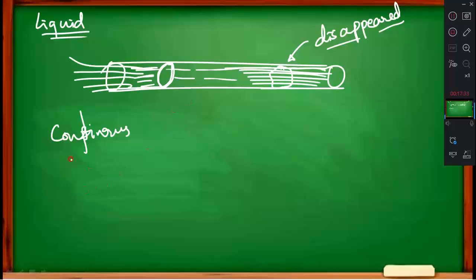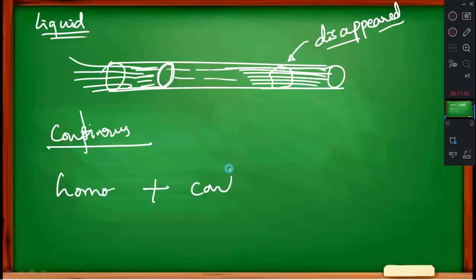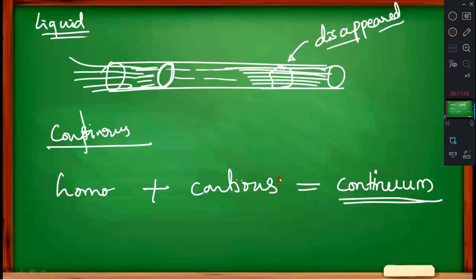Then the words homogeneous plus continuous, these two we will club together and call it a continuum. You should know what continuum means. The fluid is homogeneous and continuous.